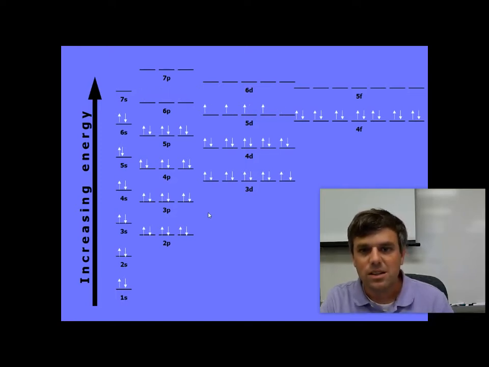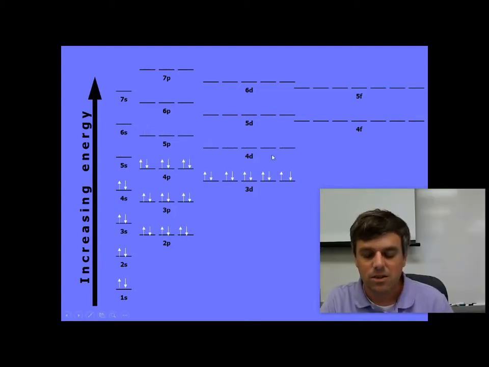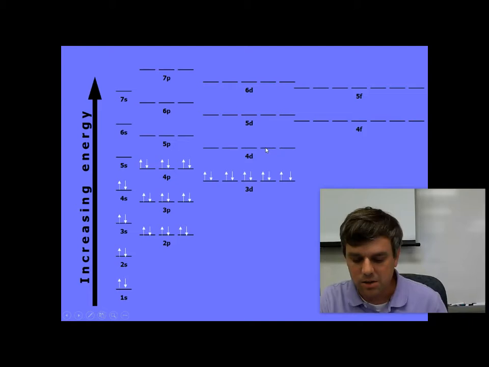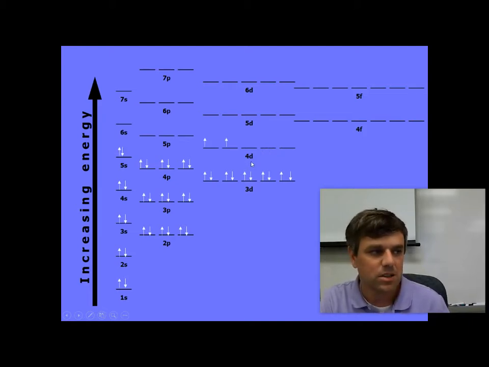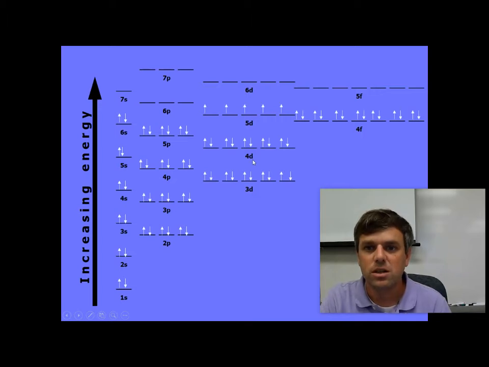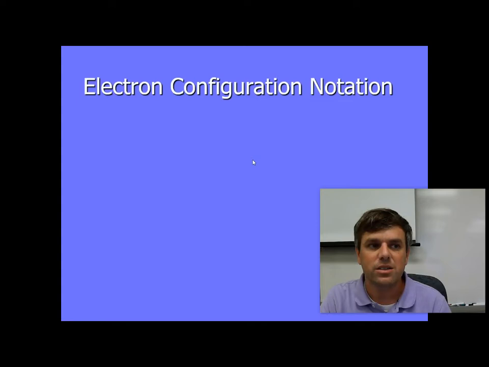So you can get really complicated with the D's and the F's and all that good stuff. But that's how you do an orbital diagram. Right? Now, what we will talk about tomorrow is that there are some shortcuts that we can use called electron configuration notation.